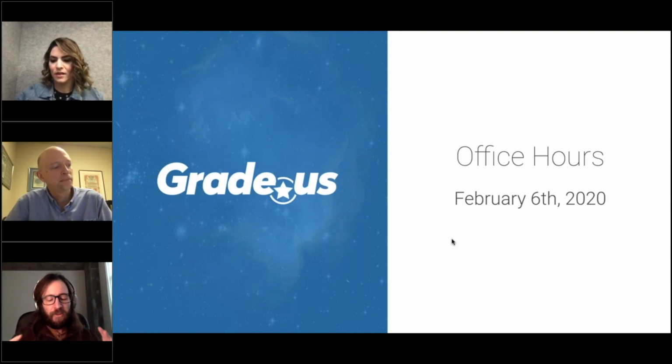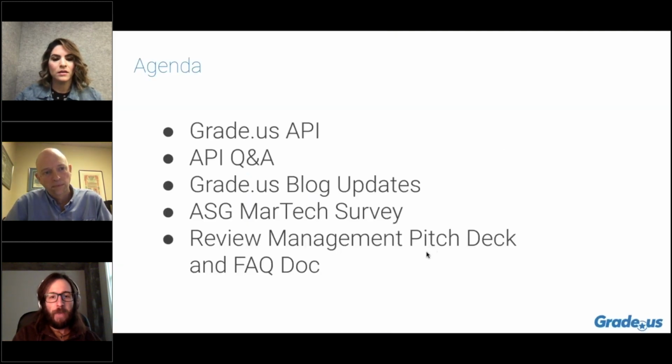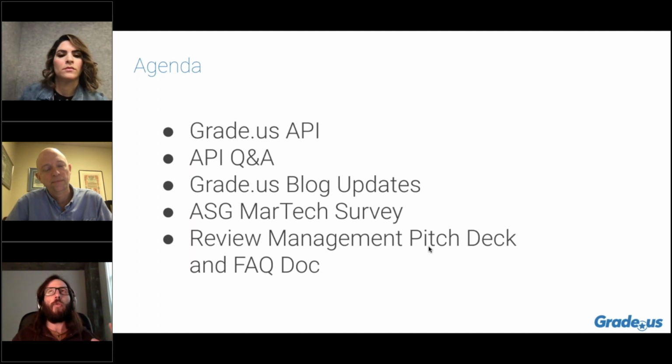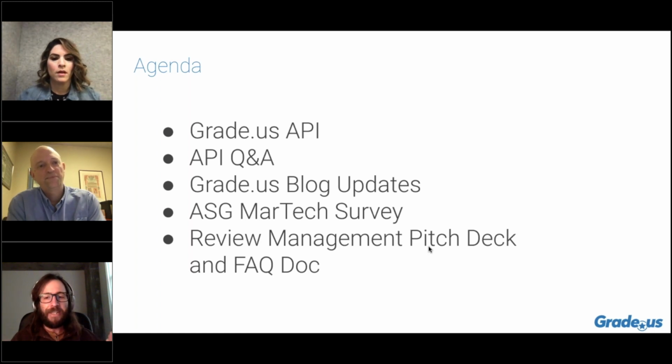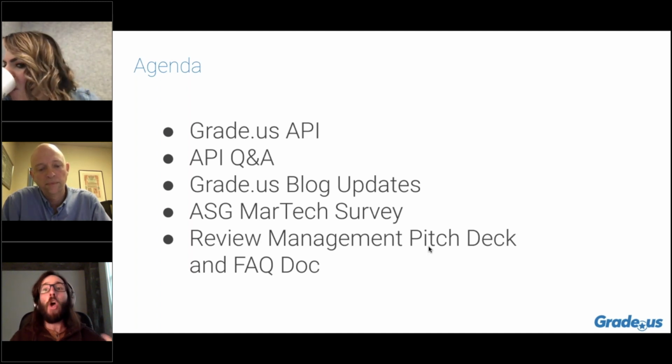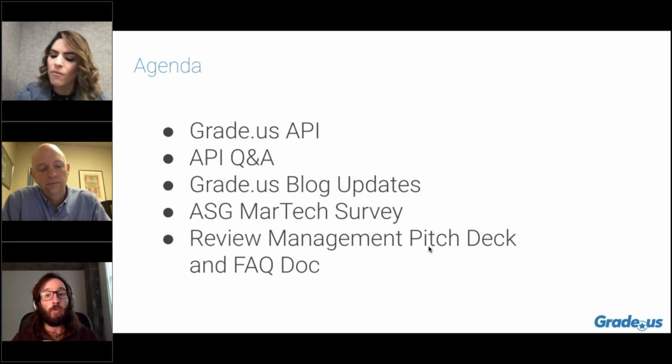Basically, the main thing that we are going to highlight is our new API version that Carson's going to talk through. We're going to talk about it from a high level, for any of you who are looking to automate using Grade Us, connecting it to our system, whether you're doing it as a reseller and completely white labeling it as your own review management platform, or you're just doing this to onboard your clients.